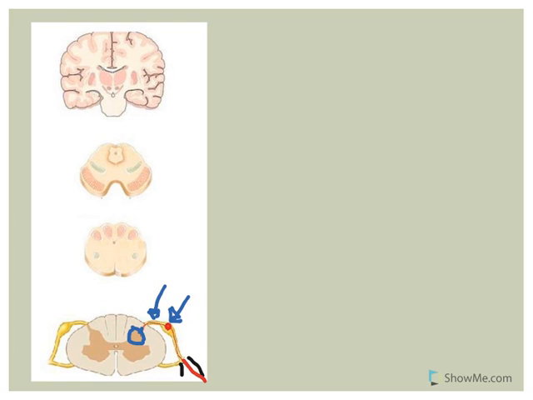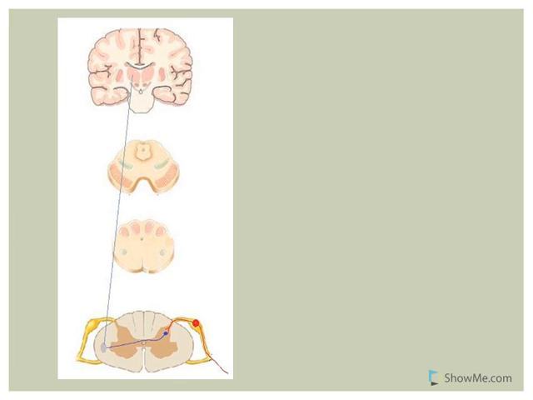Now, once we get to that dorsal gray horn, you see the blue. The blue represents our second order neuron. The cell body of the second order neuron is located in the dorsal gray horn, and you see it's going to cross over, or decussate, to the opposite side of the spinal cord. And in the gray, this represents the lateral spinothalamic tract.